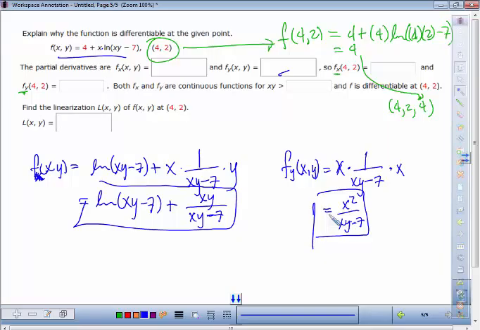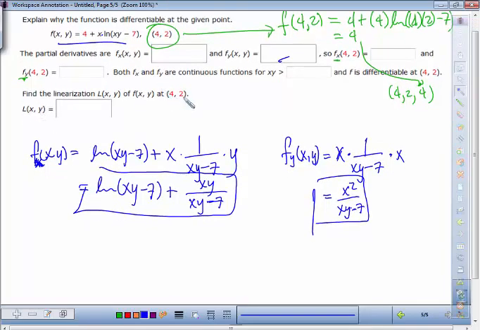Okay? Now we want a linearization. If we want a linearization, we need to plug in the values of 4, 2, the a, b, or x naught, y naught into these functions. So f sub x of 4, 2. Again, the ln of this thing, since we're putting in 4, 2 all the time, is going to give us 8 minus 7, which is 1. ln of 1 is 0.